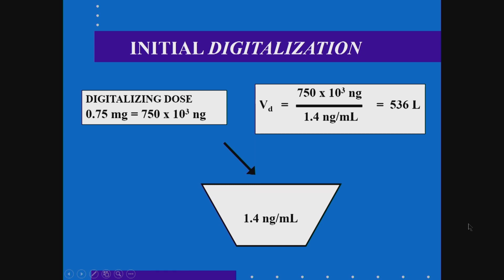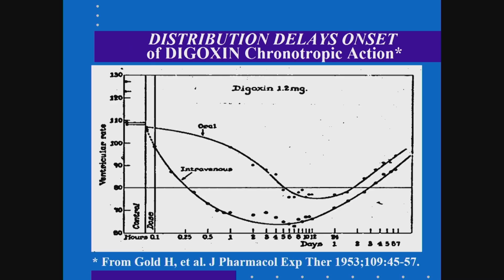Of course, this does not agree with the reality of physiological body fluid compartments, but nevertheless, the apparent volume of distribution is a critical and very important pharmacokinetic parameter to determine.